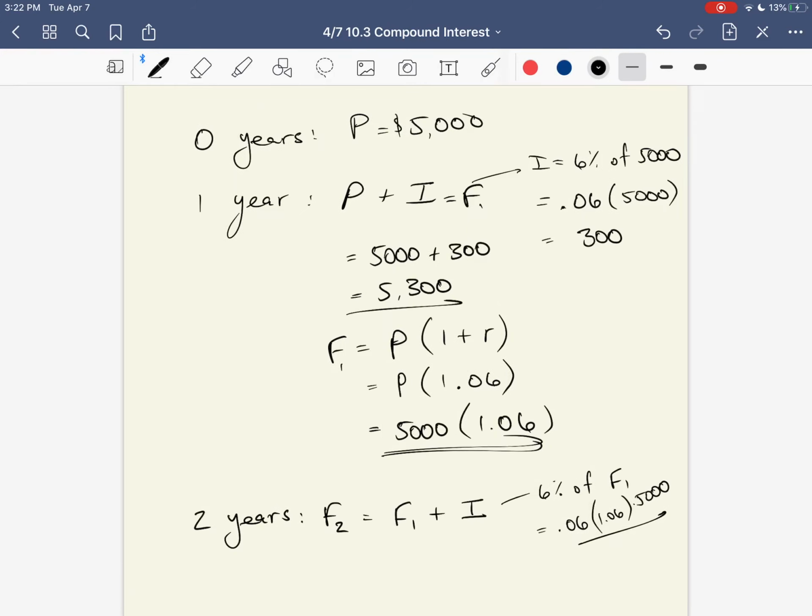And so F2 is actually going to be our principal amount of 5,000 times 1.06 times 1.06, because that's how you add 6% of this number to it, right? Multiplying by 1.06 is like adding 6% of a number to itself.